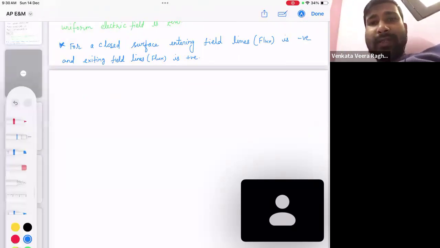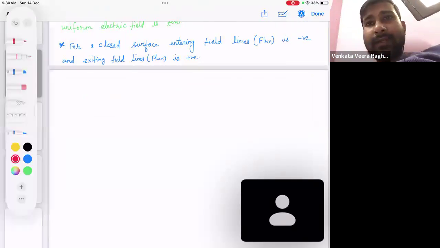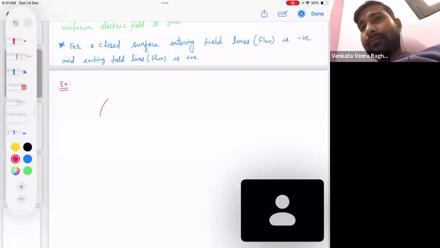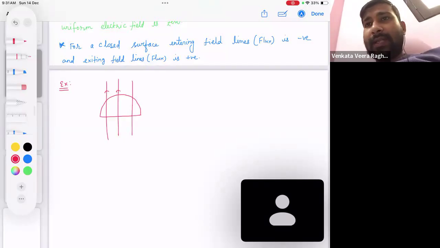Okay. So in this example, what is given to us? In this another example, a closed hemisphere is given to us. And it is kept in what? It is kept in a uniform electric field. The field is uniform and its value is given as E naught.